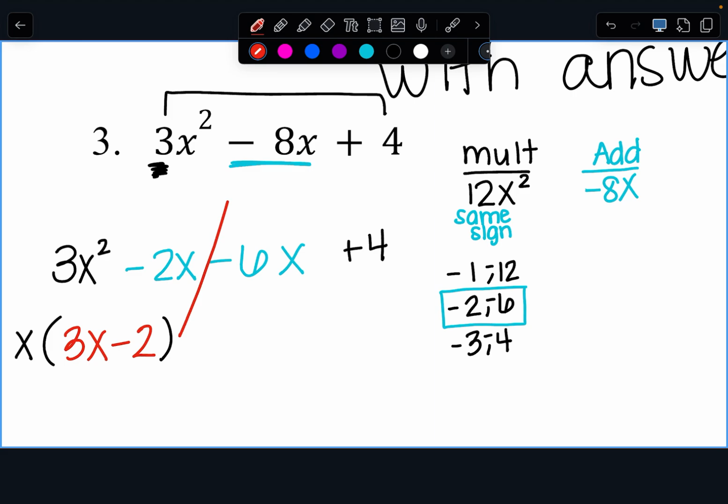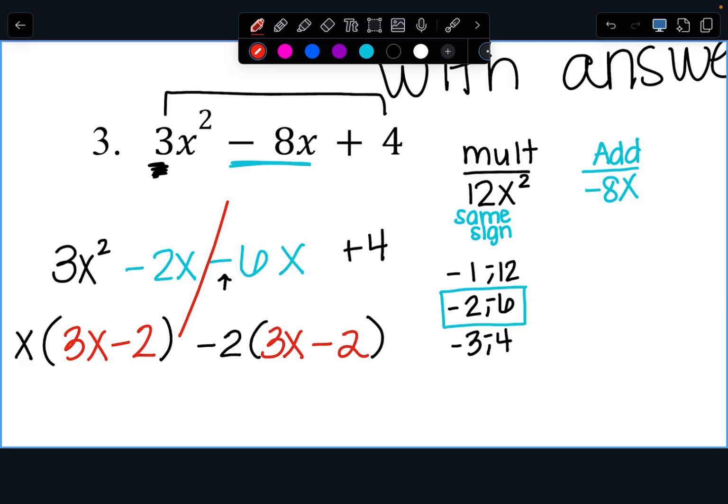What do these second two have in common? Two. But because this is negative, we're going to take out a negative 2. And you'll see why in a second. When we divide them both by negative 2, what do we get? (3x minus 2).